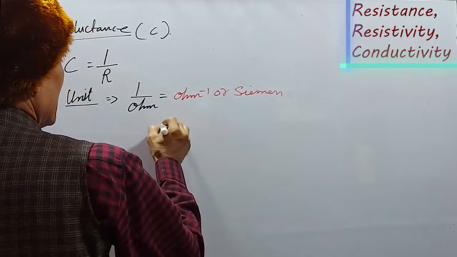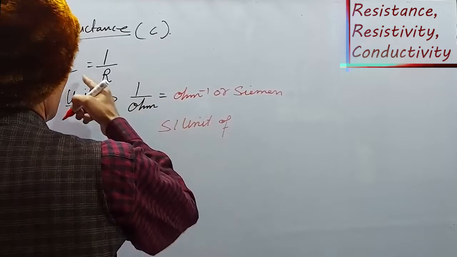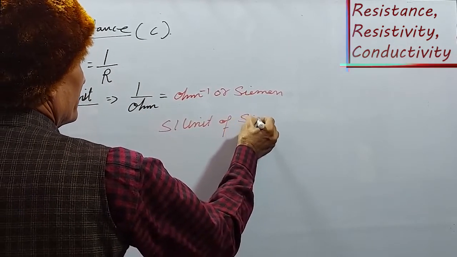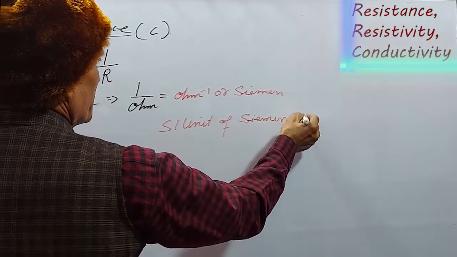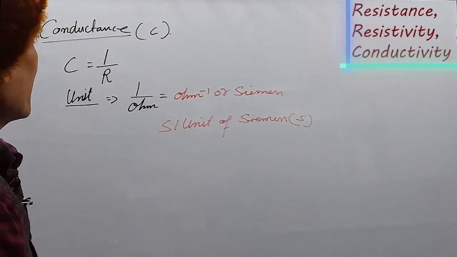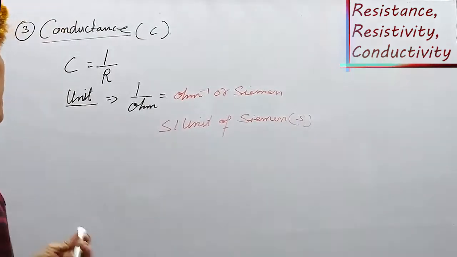This is why SI unit of conductance is Siemens. It is represented by the letter S. Then conductance unit is per ohm or Siemens, we can write directly there.